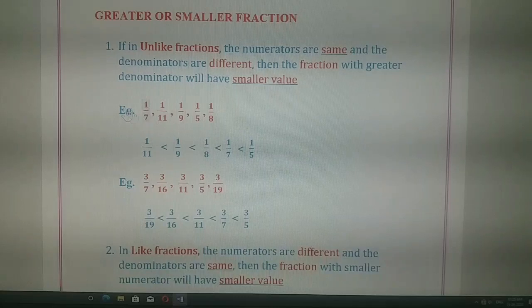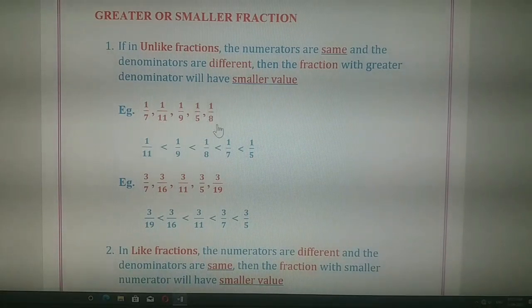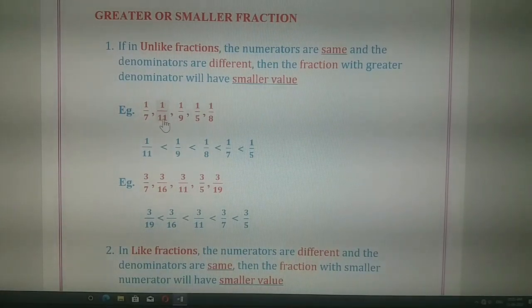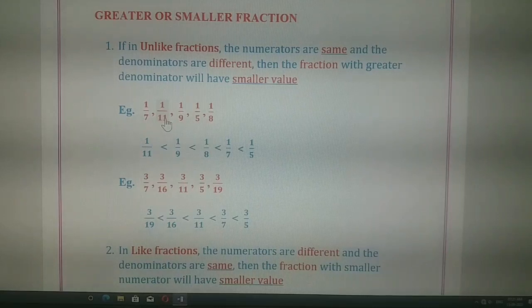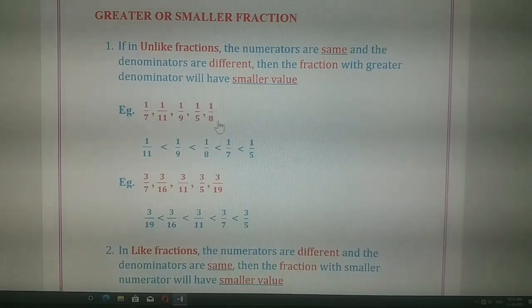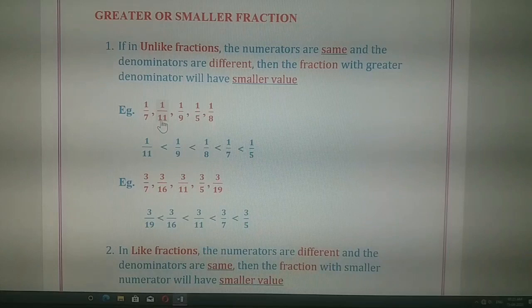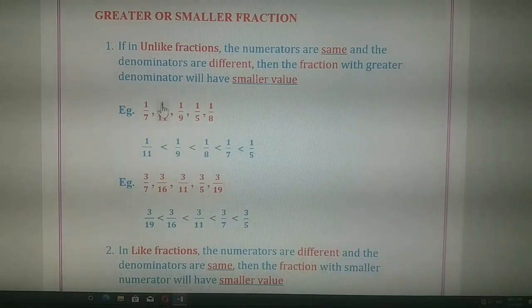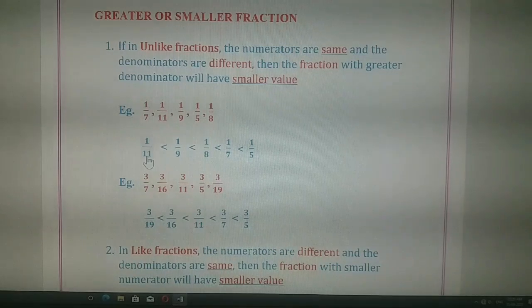Here in the example 1 upon 7, 1 upon 11, 1 upon 9, 1 upon 5, 1 upon 8, 1 upon 11 has the biggest denominator. Since 11 is the biggest denominator, 1 upon 11 will be the smallest fraction.